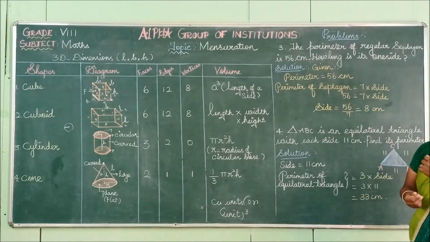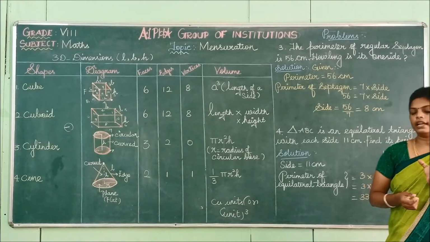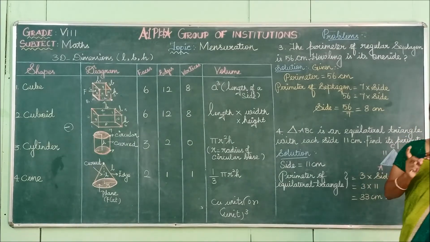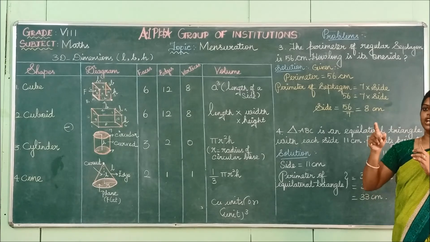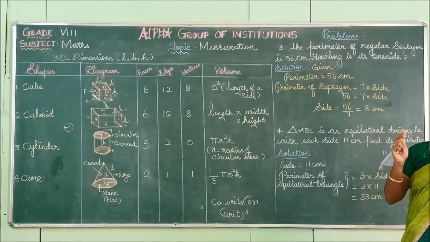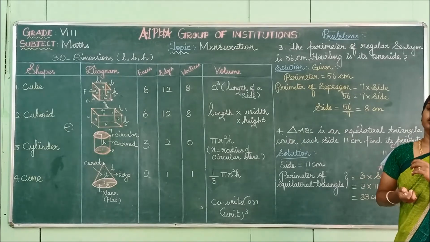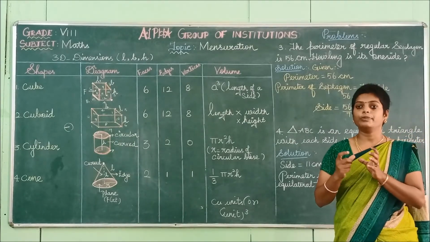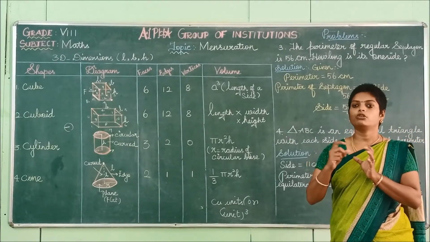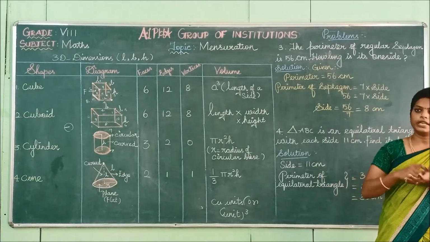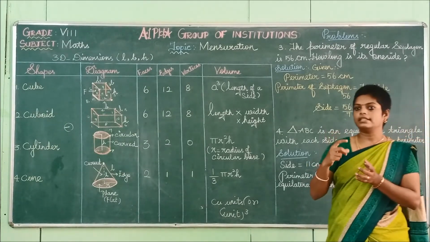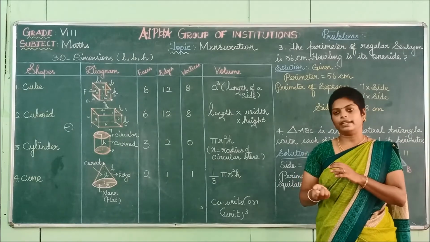Before that, how do we know the polygonal shapes? A shape that has 3 sides is called a triangle. If it has 4 sides, it is a square or rectangle. If all 4 sides are equal, it is a square. If opposite sides are equal, it is a rectangle.